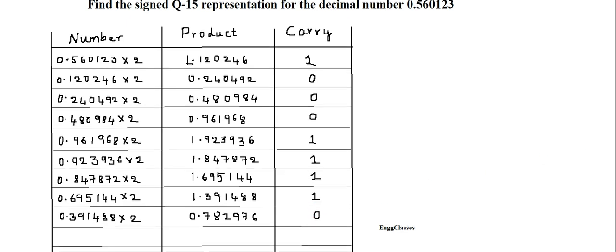Next I'll consider the next number as 0.782976. I would multiply this with 2, and that leads me to the answer of 1.565952, and the carry bit is going to be 1.